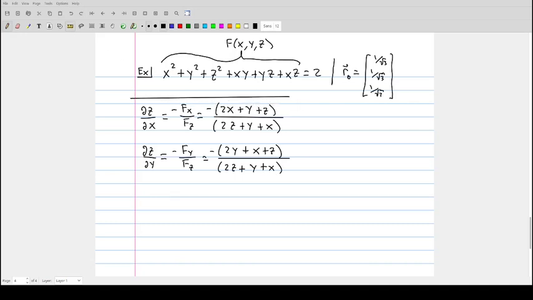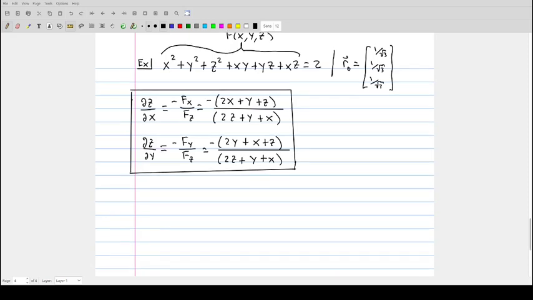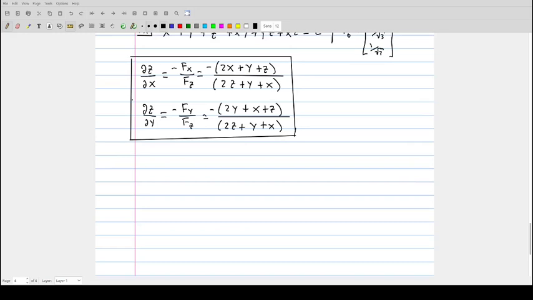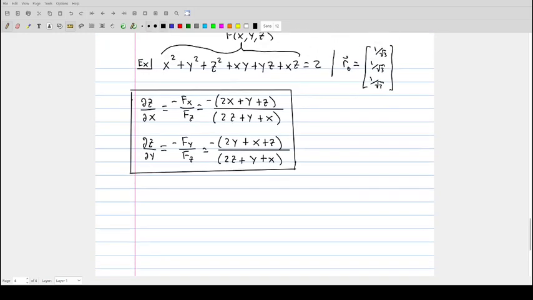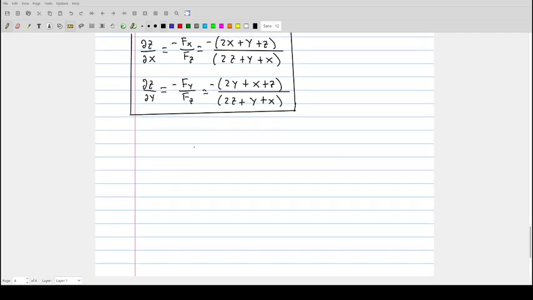So in general, for any point on this level surface, this is how you get the partial derivative of z with respect to x and the partial derivative of z with respect to y. So we can take these two expressions, and what we're really interested in is what this value is at the specific point on the surface that we're talking about.